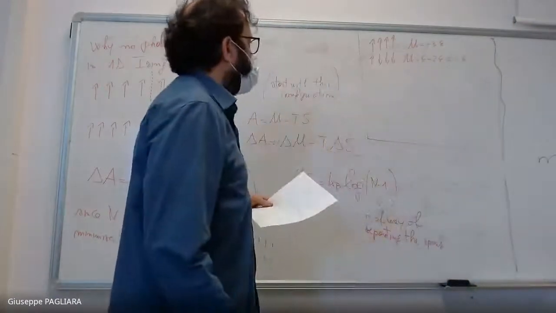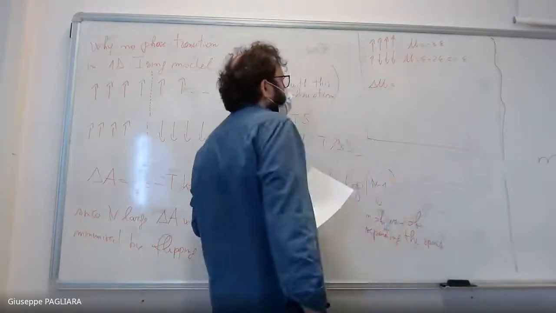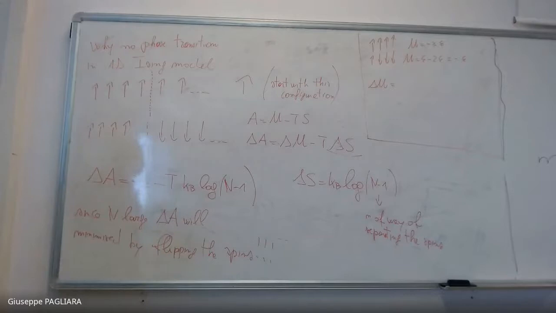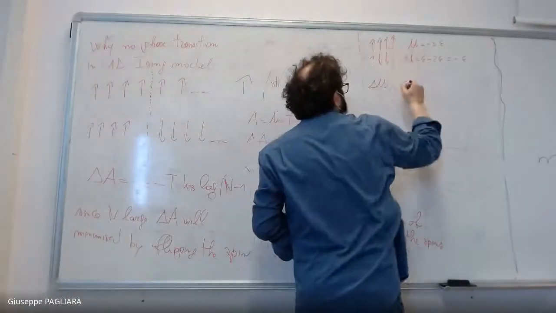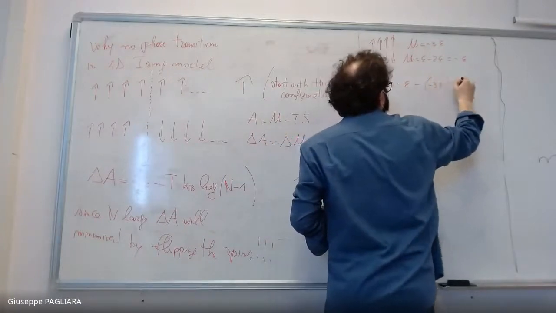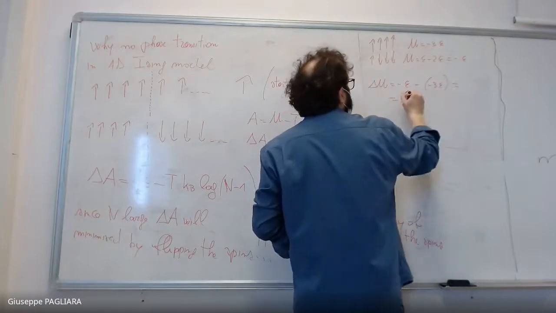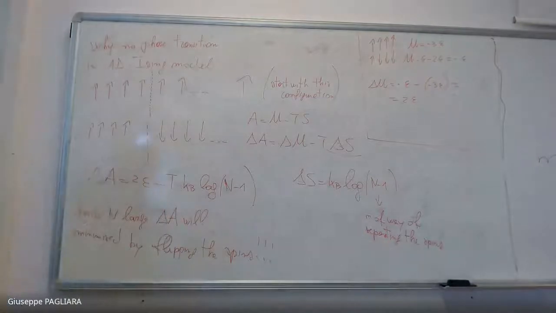So now if I take the delta U, it will be minus epsilon minus minus 3 epsilon. It will be this, minus epsilon plus 3 epsilon, which is equal to 2 epsilon. Okay.